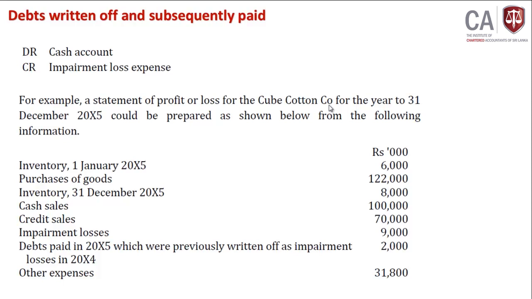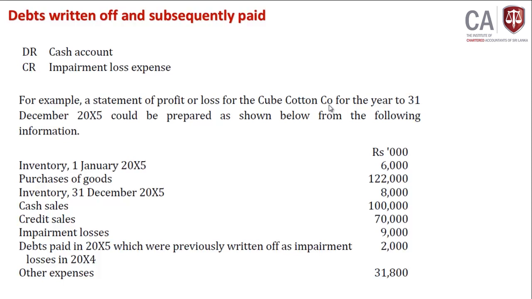You have opening inventory of 6,000. Thereafter you have purchase of goods 122,000. Then you have closing inventory of 8,000.